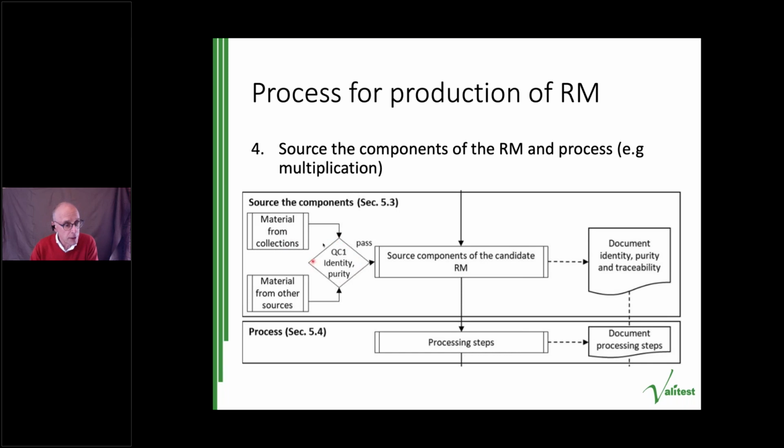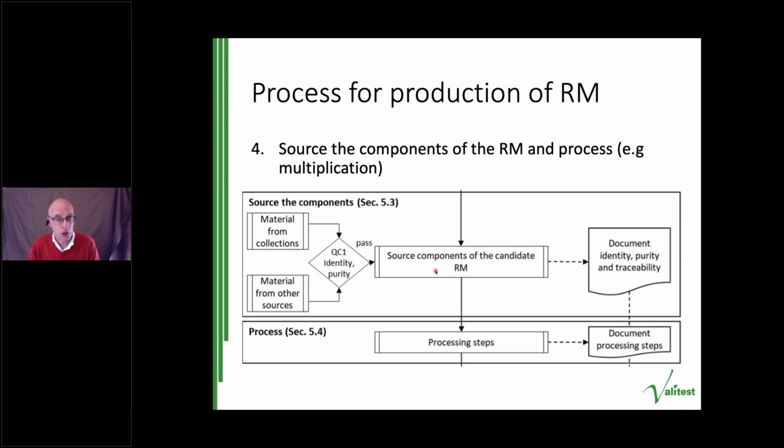And obviously, the first things that you need to determine are identity and purity. But again, this is just an example. It may depend on your reference material and on the source of your material, whether or not additional criteria should also be determined, right?